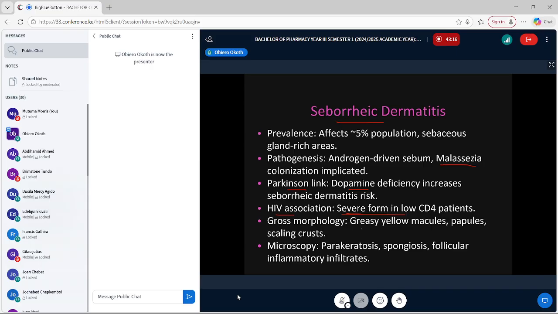The HIV forms, some have a very severe form of seborrheic dermatitis. And the morphology, these are greasy yellow macules, you can get papules, you can see scaling crusts. The mild form is the dandruff.